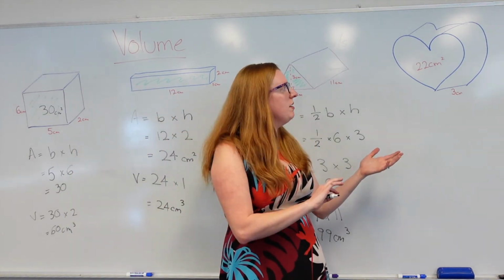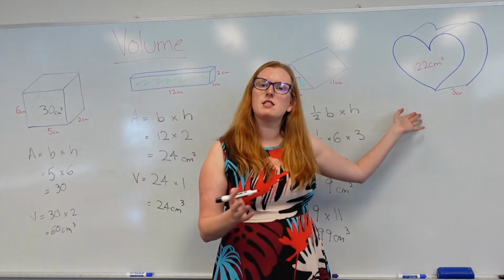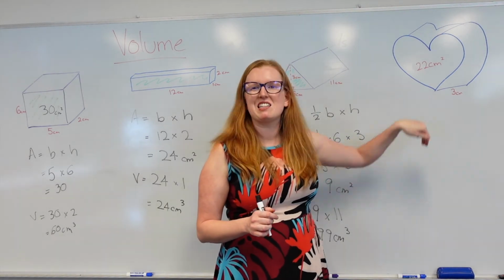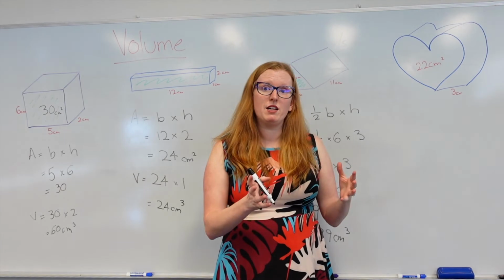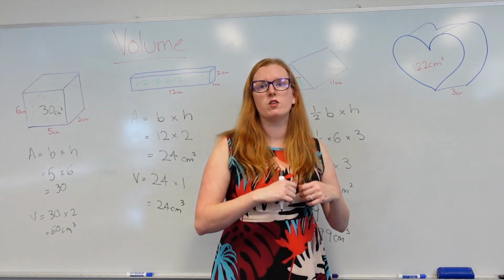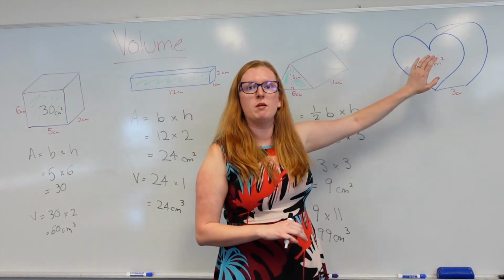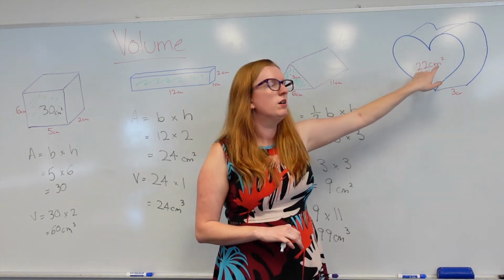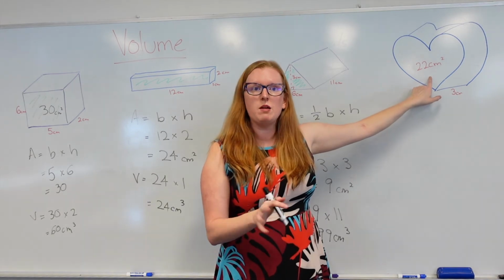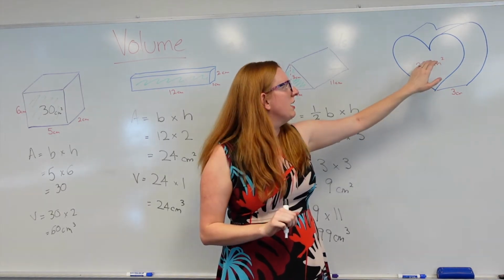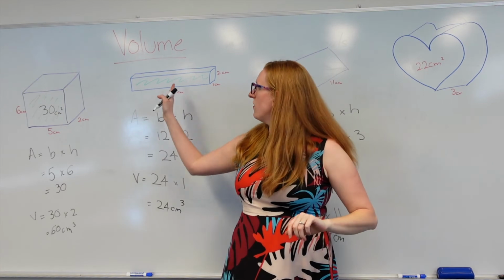Okay, so anytime that you are given a shape like this that's a bit irregular, it's going to be a bit too tricky to calculate the area of that love heart, so it's given to me here in this question. Anytime you're given a number to the power of 2 inside a shape, or maybe there's an arrow pointing to it, that means they've already calculated the front face for you.